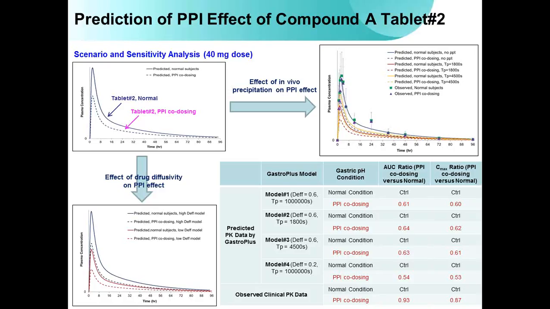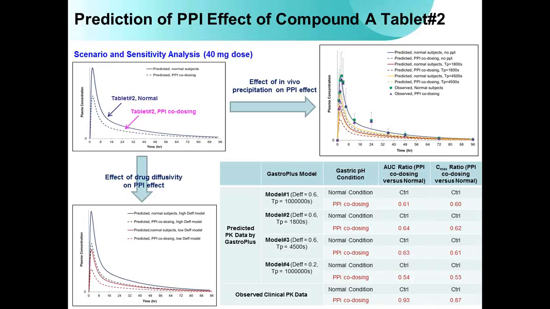Because of the possible biomedical effect resulting in lower drug diffusivity, although the in vitro data, I have to say, suggested it is less likely the scenario for this compound, a sensitivity analysis on the diffusion coefficient was nevertheless also investigated, as shown on the bottom left side of the slide.